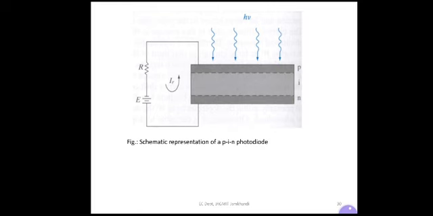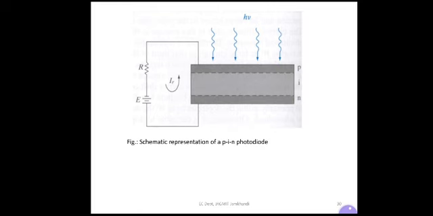When the device is reverse biased, the applied voltage appears almost entirely across the I region, that is the middle region. If the carrier lifetime within the P region is long compared with the drift time, most of the photogenerated carriers will be collected by the N and P regions.